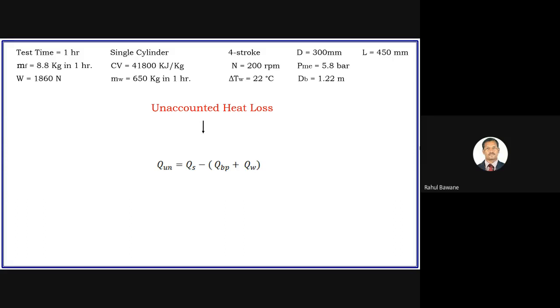If they provide the data of exhaust gas, then we will calculate heat carried out by exhaust gas also, and then we will put it here. But as the given data shows, there is no value for exhaust gases. So unaccounted heat will be QS minus the sum of brake power and water heat carried away. So it gives the value of 61.79 kilowatt.